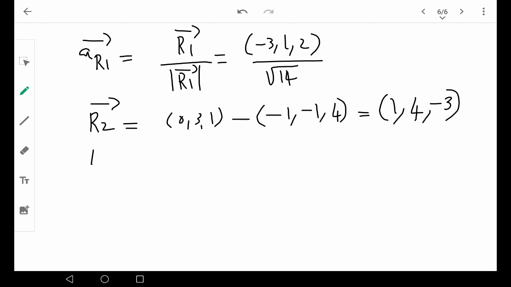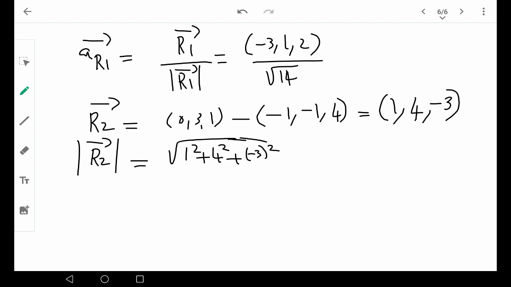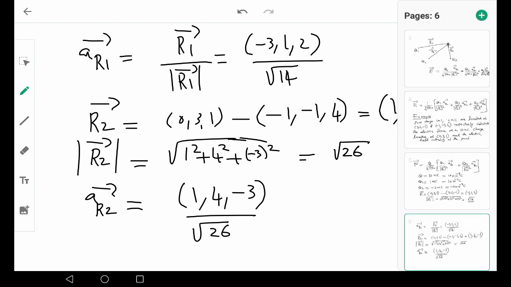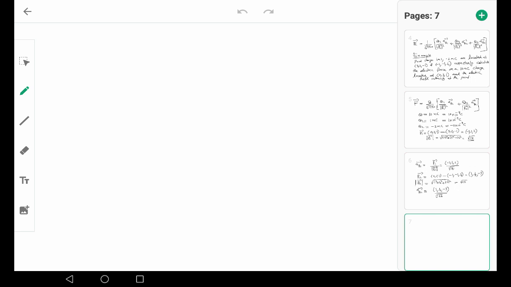So what is the magnitude of R2? It is square root of 1 square plus 4 square plus minus 3 square. That is 1 plus 16 plus 9, 26, square root of 26. And you can write aR2 equal to (1, 4, −3) divided by square root of 26, isn't it? So now we can do the calculation.